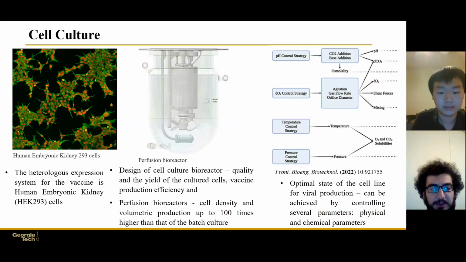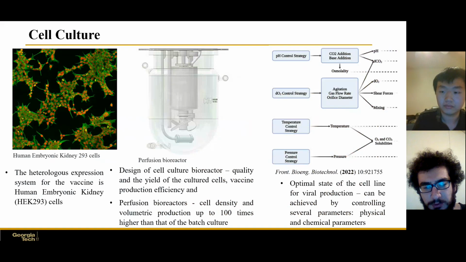So the first important step is cell culture, and for our vaccine we decided the cell culture to be the heterologous expression system for the vaccine to be human embryonic kidney cells, and in this figure we can see the sample HEK293 model.